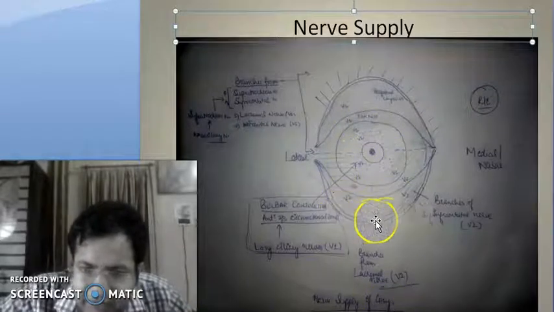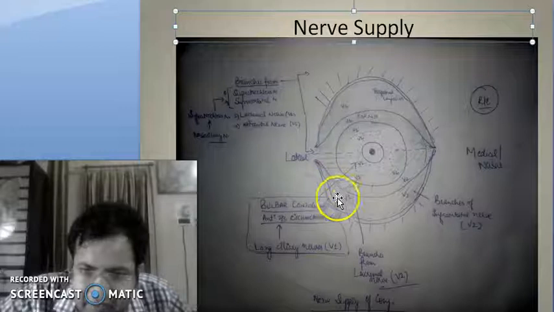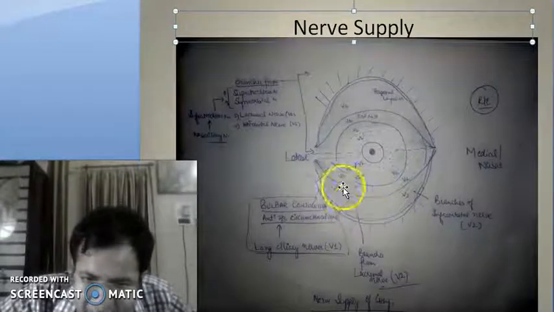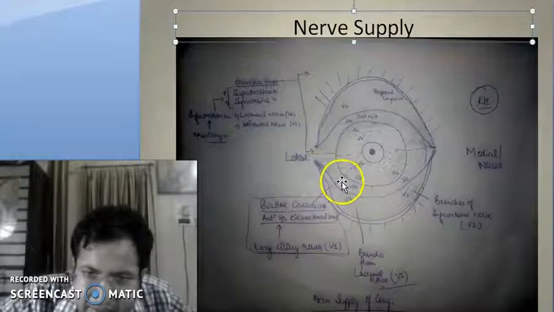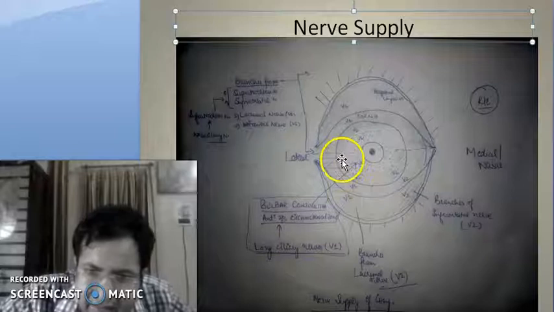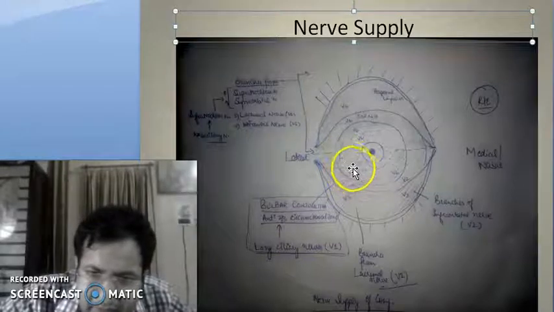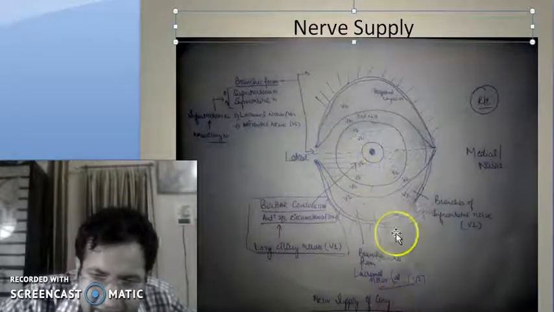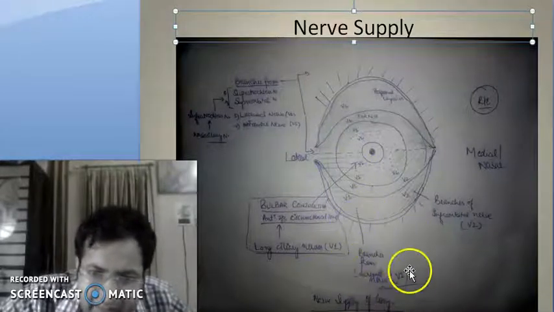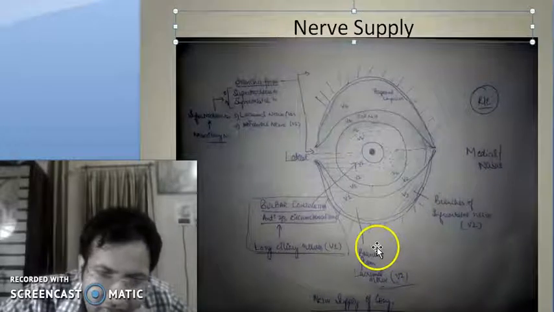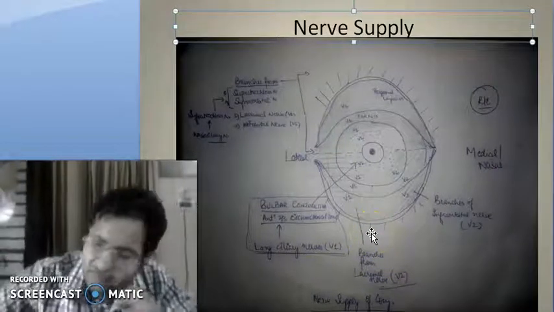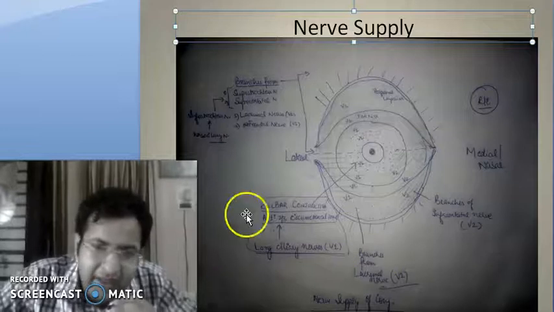The inferior palpebral conjunctiva, the lateral half of the inferior palpebral conjunctiva, the lateral half of the inferior fornix, and the lateral one-third of the bulbar conjunctiva is supplied by the branches from the lacrimal nerve, which is a sub-branch of the ophthalmic division of the trigeminal nerve.